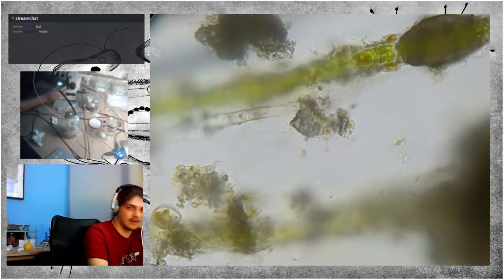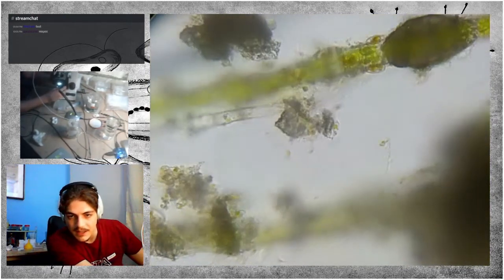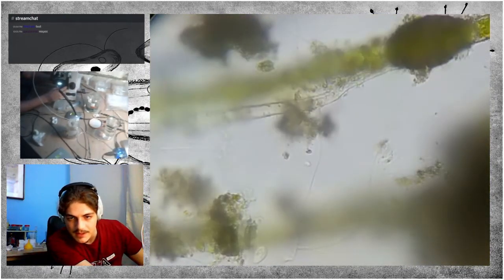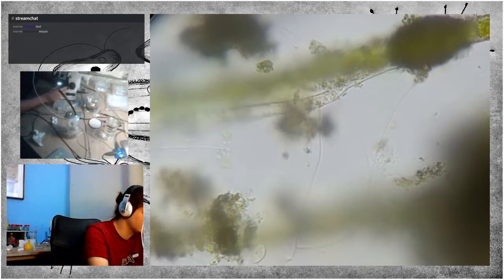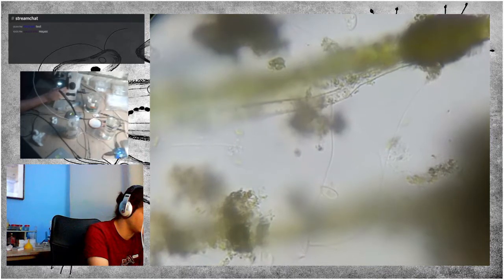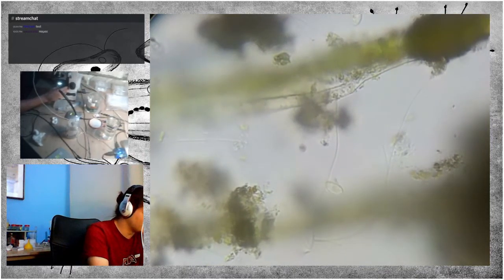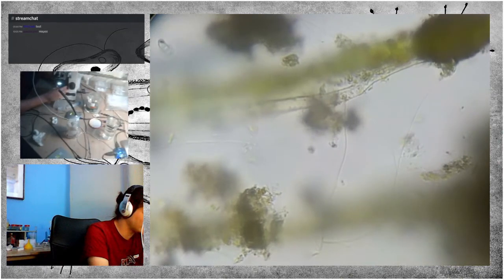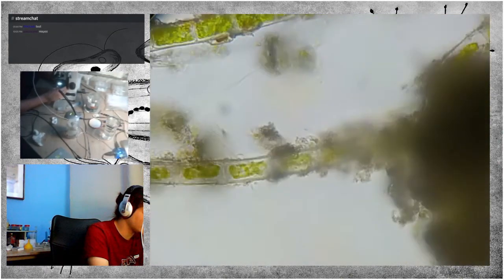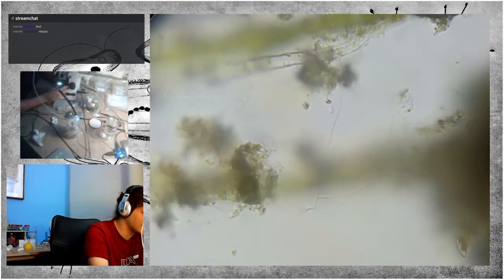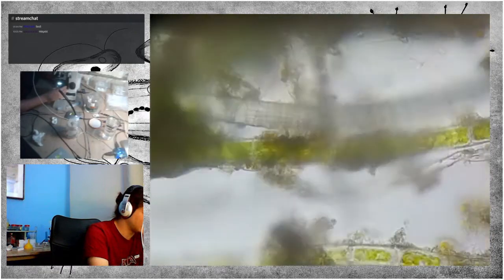Now, let me see if you can see them. There should be some strings right in the middle of the screen now. A single string can easily be discerned. Those are colonial bacteria, I think, and they form up strings like this. I don't know why. I haven't read anything about them.